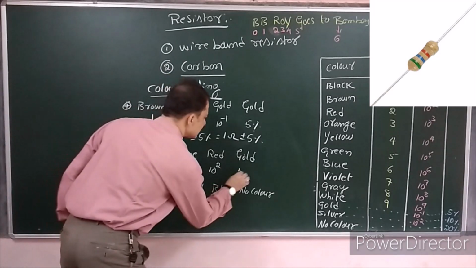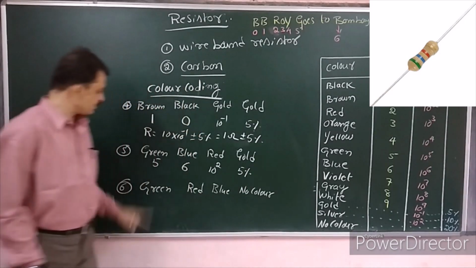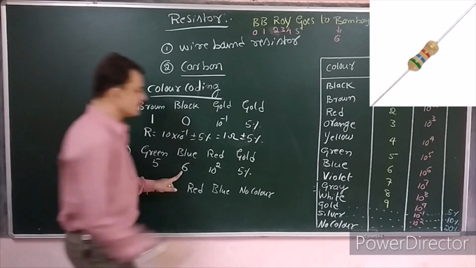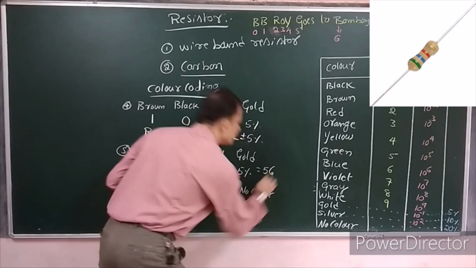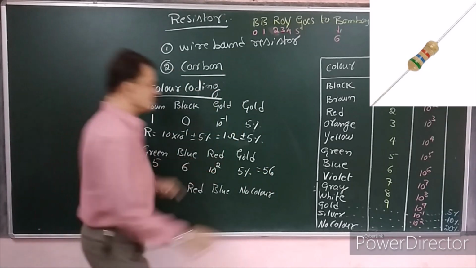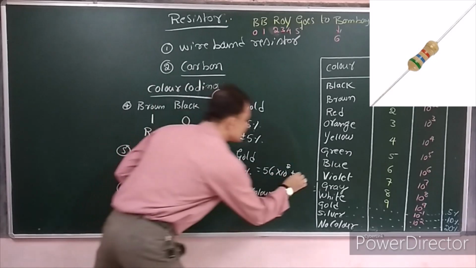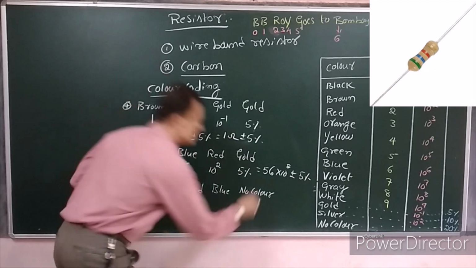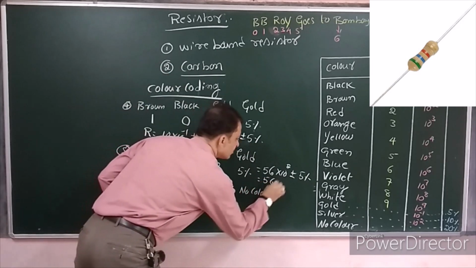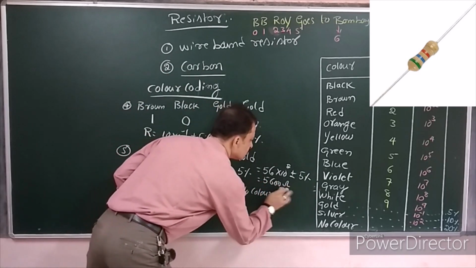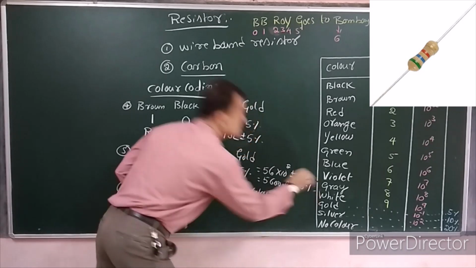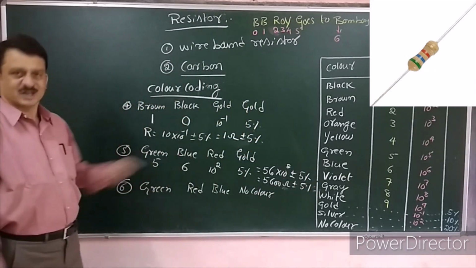And gold, once again, it is 5%. So therefore it is 5, 6, this becomes 56. Value of the resistor is 56 into 10 to the power of plus 2, plus or minus 5%, or it is 5600 ohms plus or minus 5% tolerance.